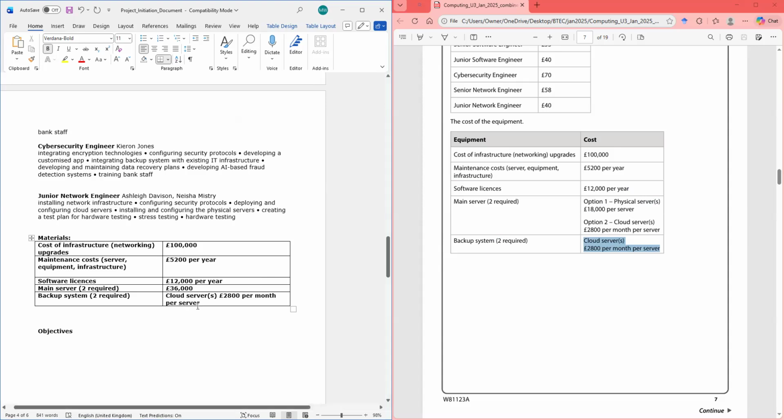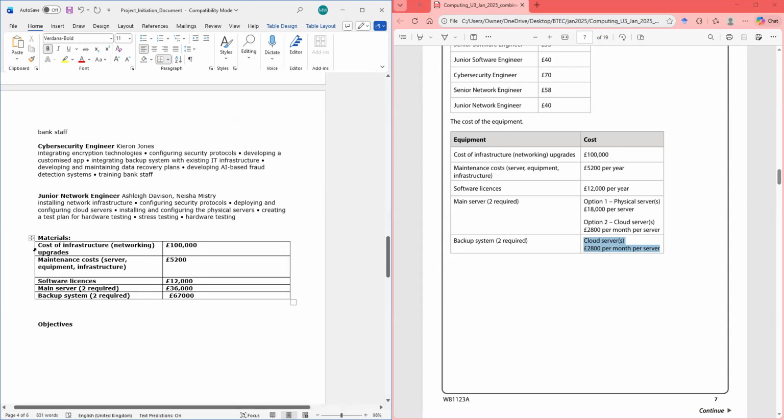It's going to be 67,000 pounds. So let's just remove these.